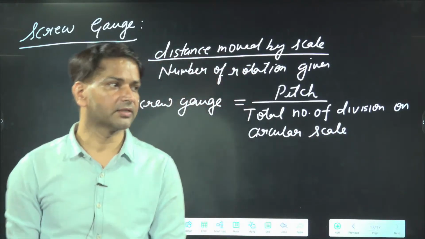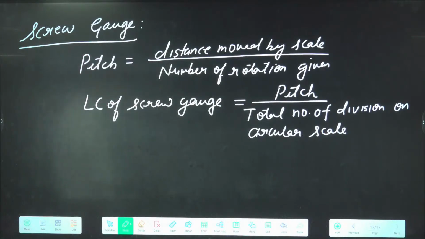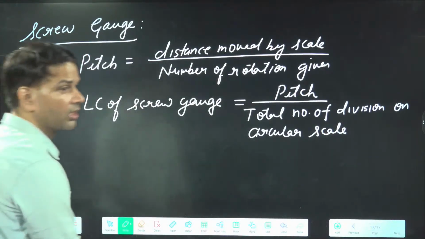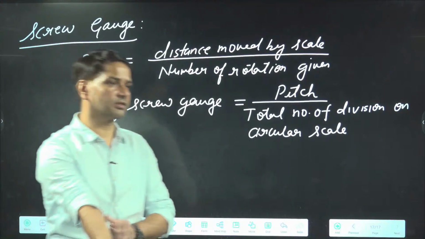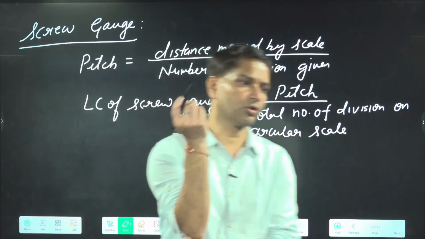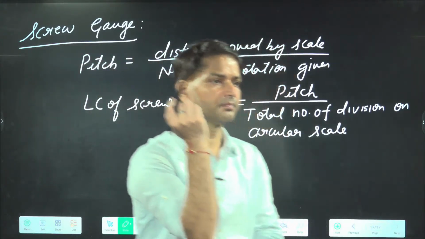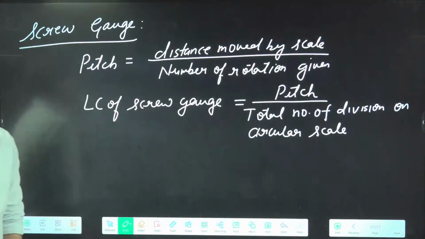So the least count of screw gauge is pitch upon total number of divisions on circular scale. This is the formula for the least count of the screw gauge. Okay, completed.